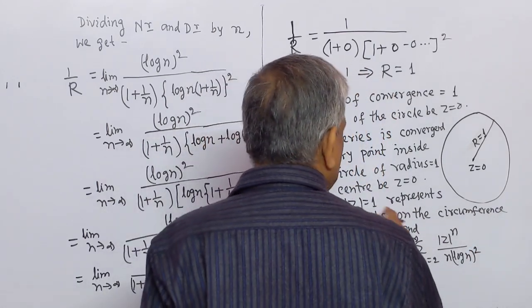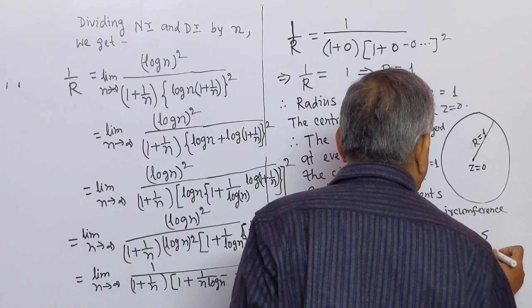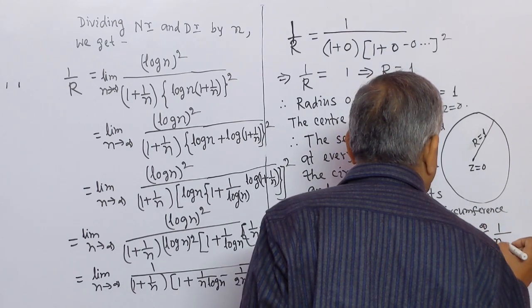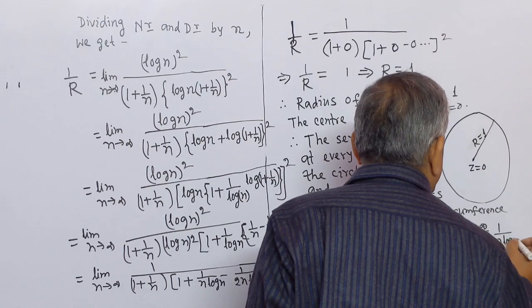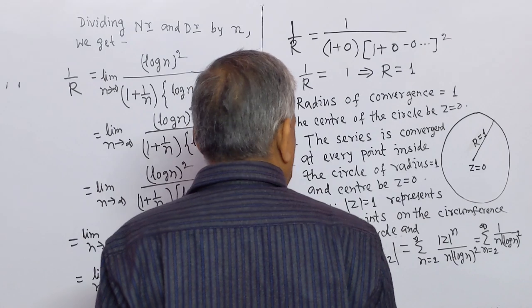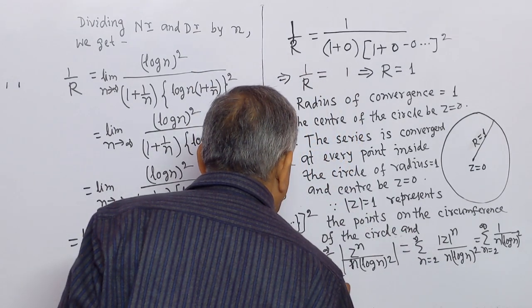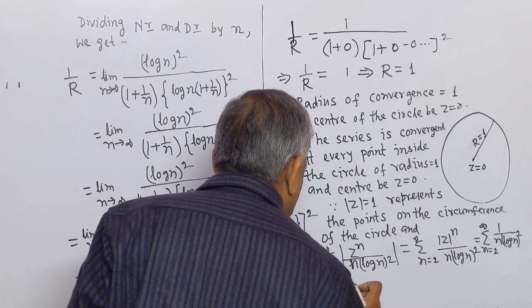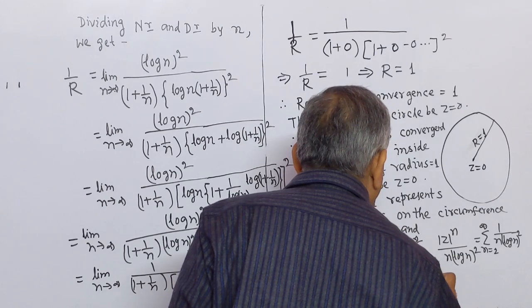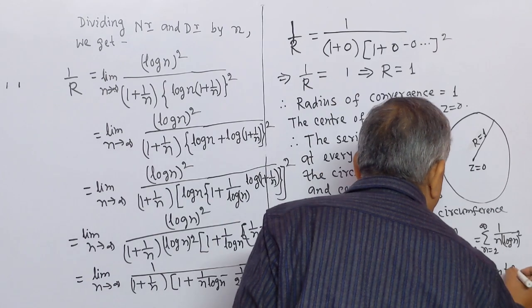Since modulus of z is 1, equal to sigma n equal to 2 to infinity 1 by n (log n) whole square, which is convergent by Cauchy condensation test.